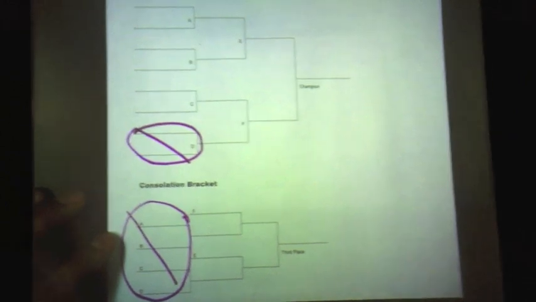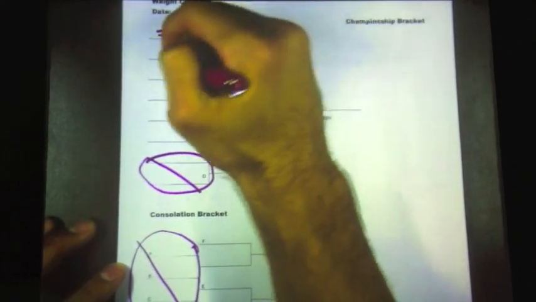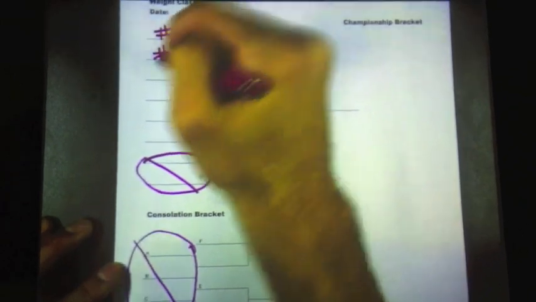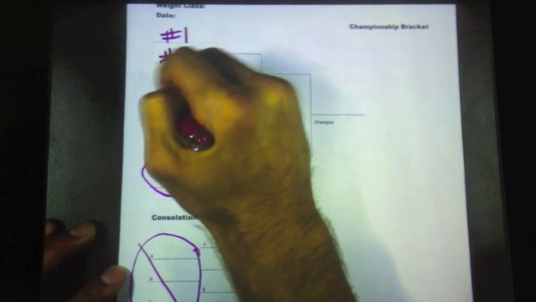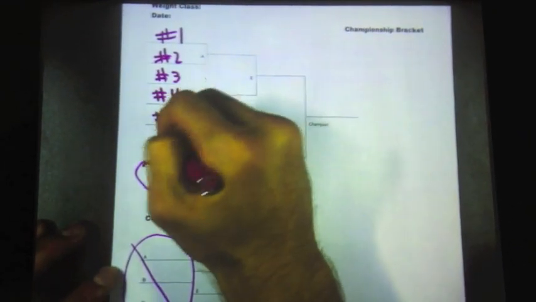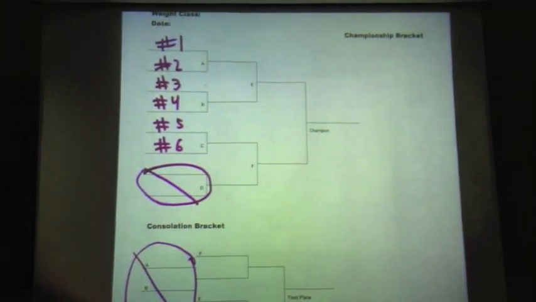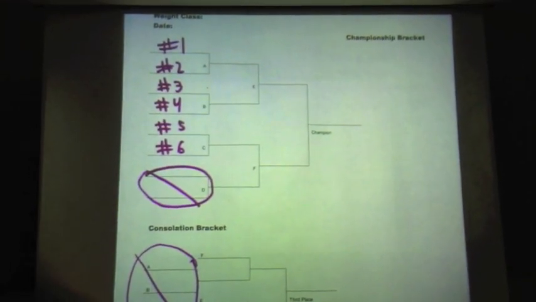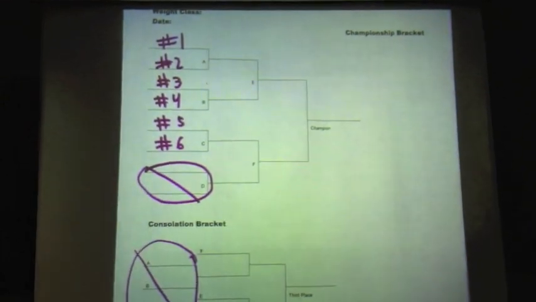So we have 6 people, and we're going to number them all off: number 1, number 2, number 3, number 4, number 5, and number 6. Keep in mind, these numbers actually represent people in a real bracket. You might have Mike and John, and Kevin and Jack, or whatever the case might be.